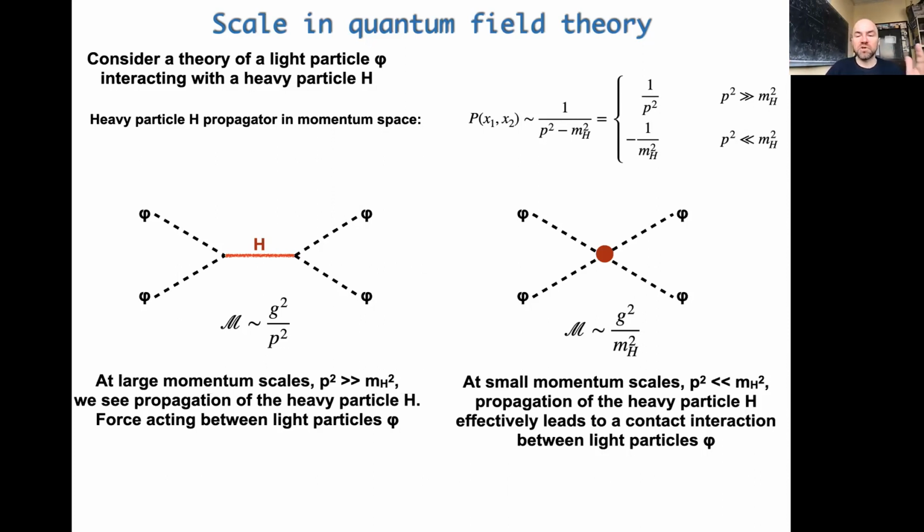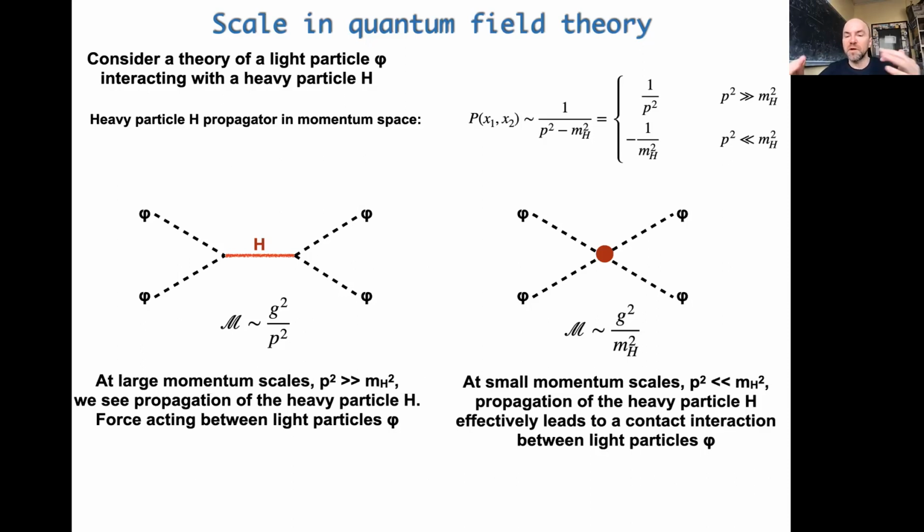So the situation where we have large energies is shown again on the left picture, and here we can resolve the propagator of the heavy particle. On the other hand, on the right hand side, we see the situation where we are at small p squared, and here we cannot resolve the propagator.